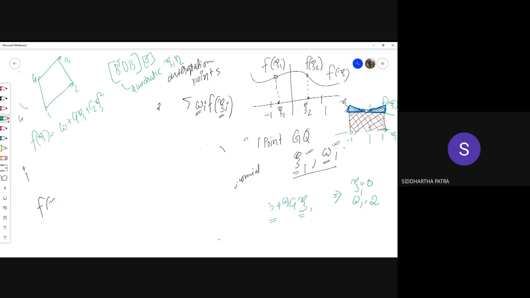But if we move to 2-point Gauss quadrature, we'll have two pairs, W1 xi1 and W2 xi2. Therefore, we'll have 4 terms, and the maximum order of polynomial it can accurately integrate would be cubic.